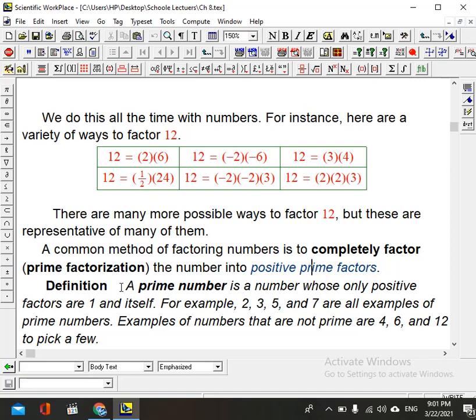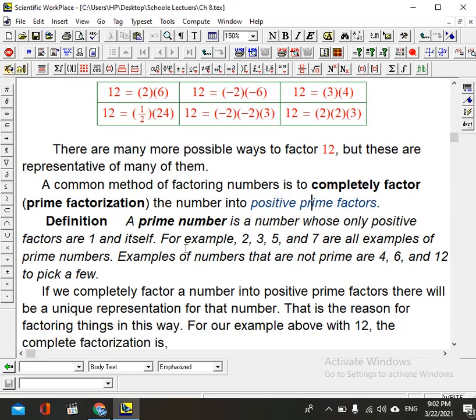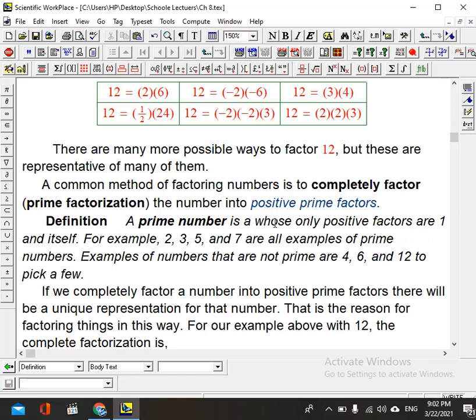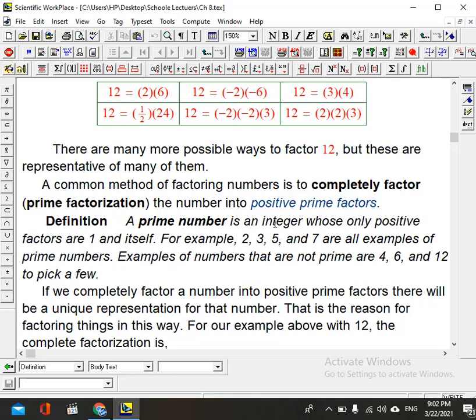I will repeat what I mean by a prime number. A prime number is an integer, not just any number, whose only positive factors are 1 and itself.